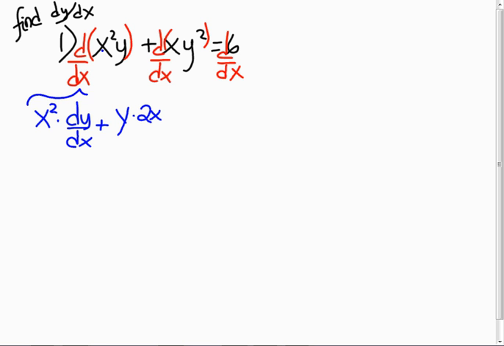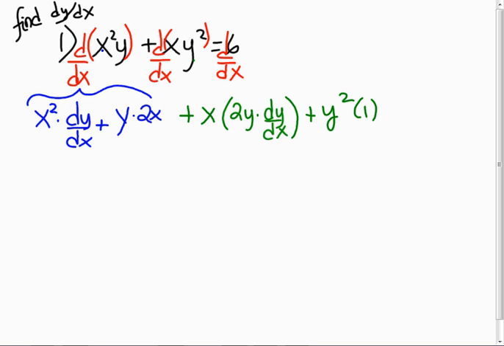That's for this one. Plus x times the derivative of y squared, which is 2y, that's with respect to y, times the derivative of y with respect to x. Plus y squared times the derivative of x, which is 1. I like to see the 1 there for myself.